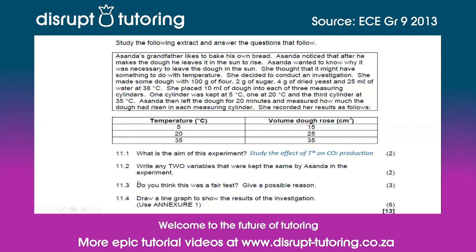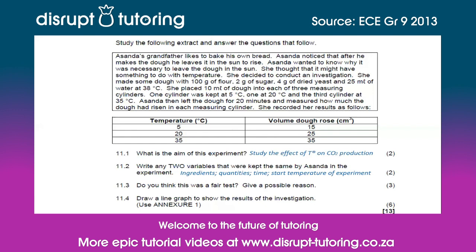Okay, which leads us into the next part of the question, which asks, write any 2 variables that were kept the same by Asanda in the experiment. There's quite a number of them that she did keep the same. Let's have a look at which those were. First of all, she kept the ingredients the same in each of the experiments. She kept the quantities of each of the ingredients the same.